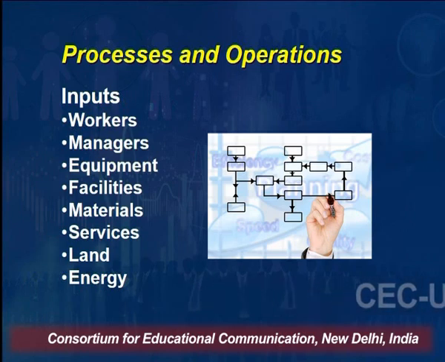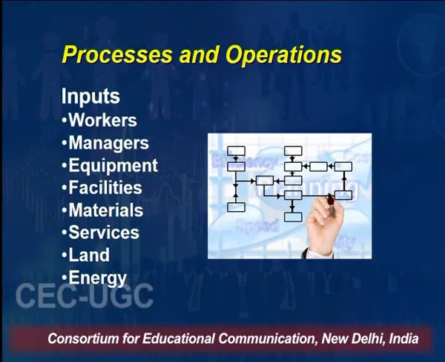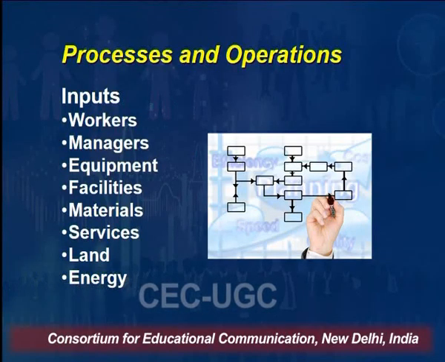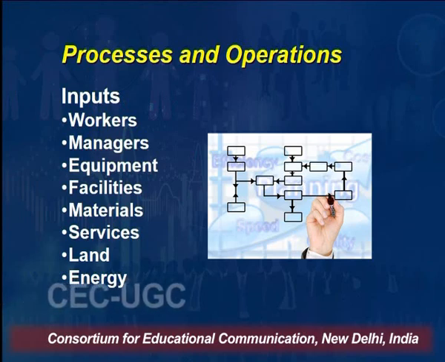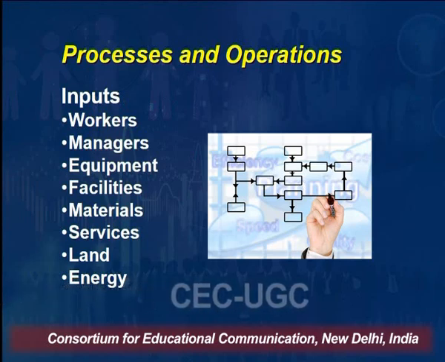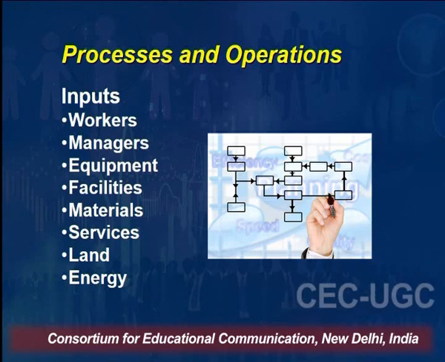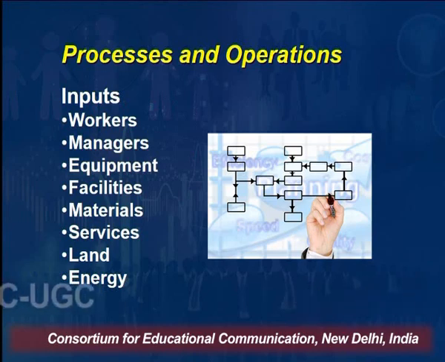You have plant, machinery, computers, servers, and various kinds of infrastructure, that is called facilities. Then you need various kinds of materials, and you need power, energy in the form of electrical power, solar power, or geothermal power. So you need energy. These are the various kinds of inputs.